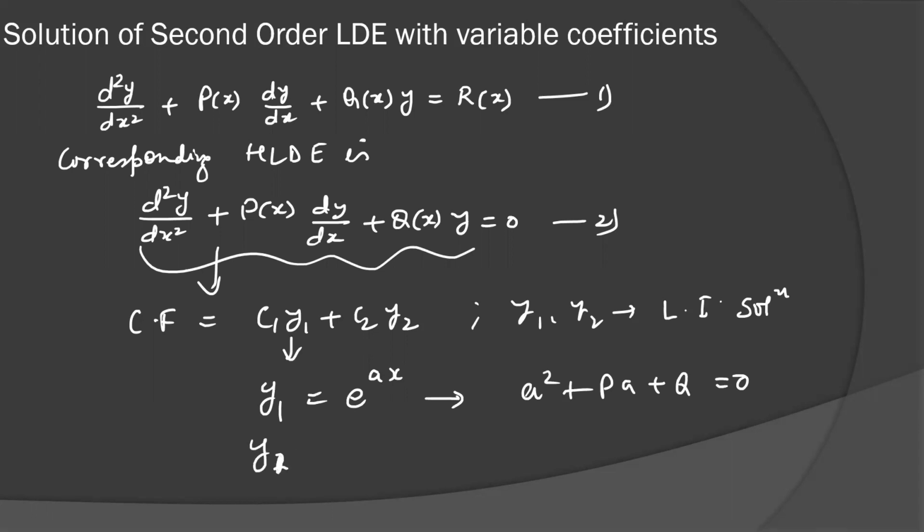And if y1 is in the form of x to the power m, then the relation between p and q is given as m(m minus 1) plus pmx plus qx square equal to 0. Till this I have discussed in the previous part.